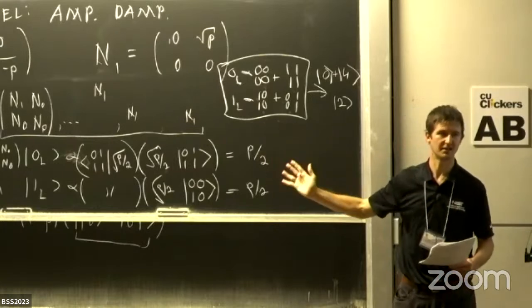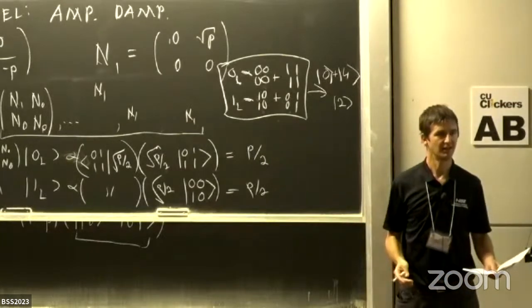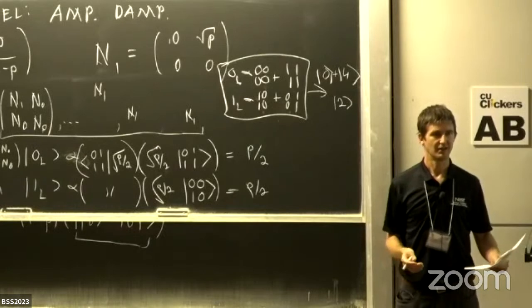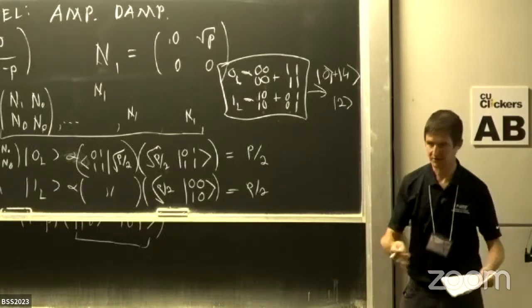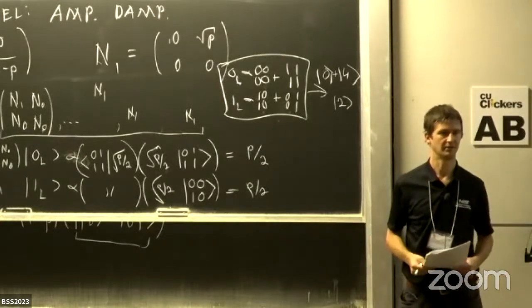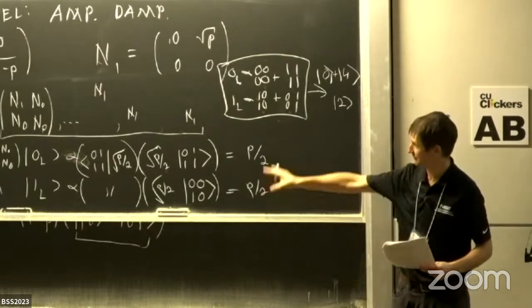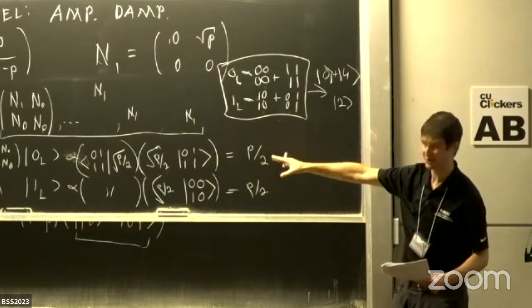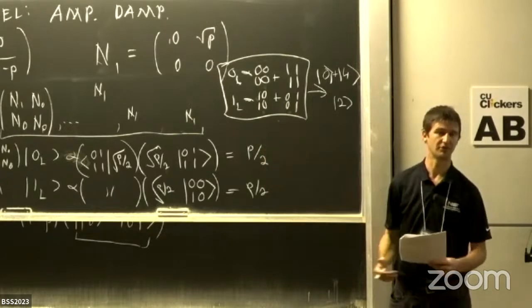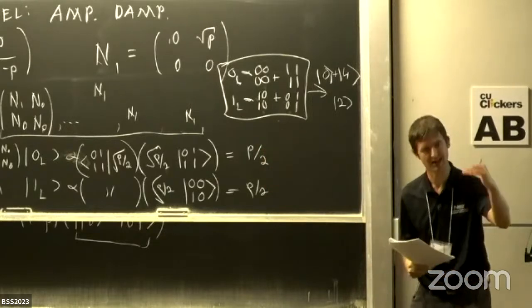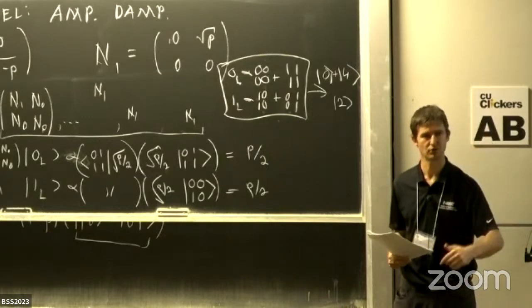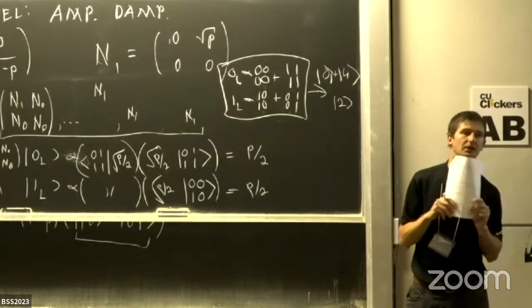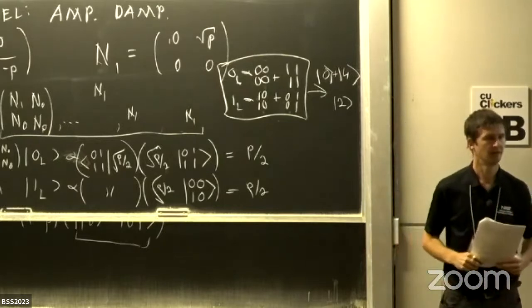You do not have an identity Kraus operator in experiment. So you don't have the luxury of saying there's no error on some qubit. You're always going to have some error on every single qubit in general. And this type of framework shows that error correction and detection, at least the detection here, is possible even for those situations to the same degree and the same level of infidelity that you would have for the exact Pauli channel case.